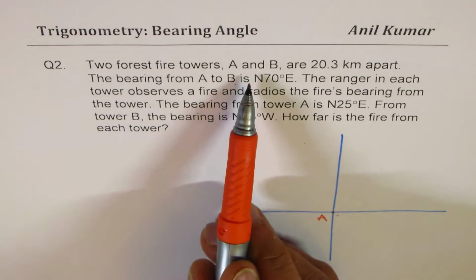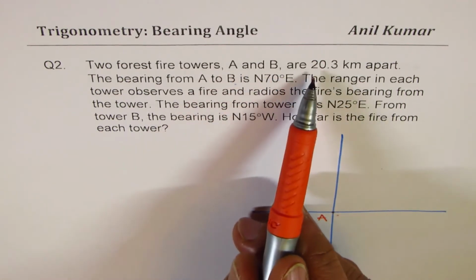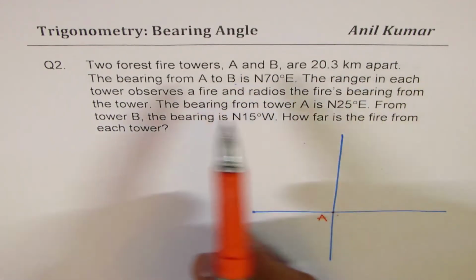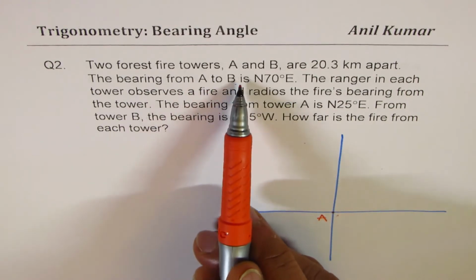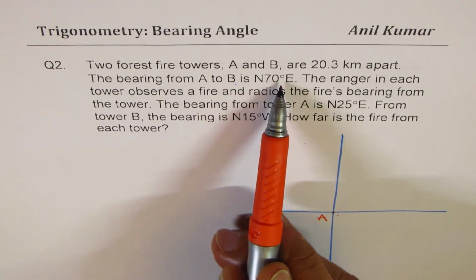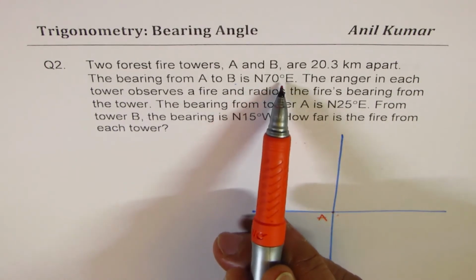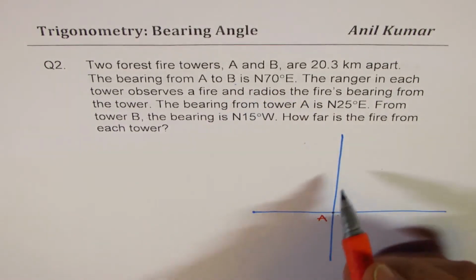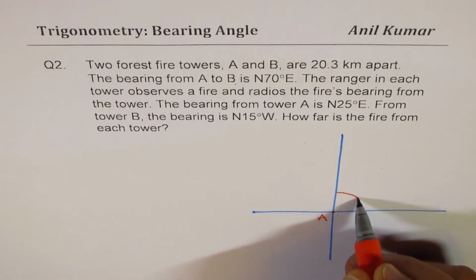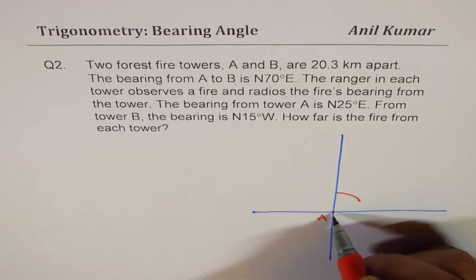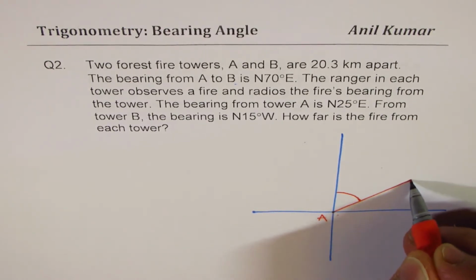So it says A and B are 20.3 kilometers apart. The bearing from A to B is north 70 degrees east, right? So you could also read this as 70 degrees east of north, right? So 70 degrees east of north will be like this.